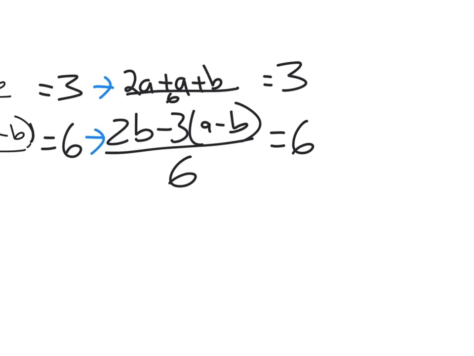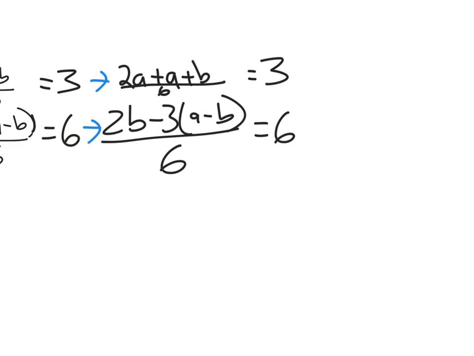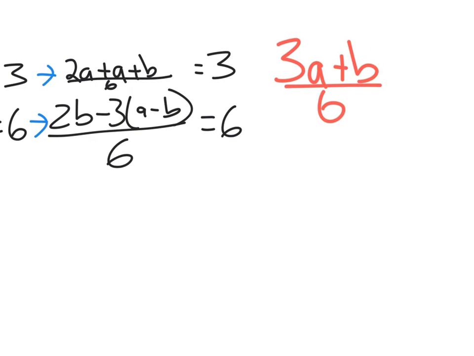So let's zoom out a little bit and think about how we need to approach this. So when we're looking at this top equation, 2a plus a is going to give us, very simply, 3a plus b divided by 6 equals 3. And when we look at the bottom, we're going to have to distribute a little bit.